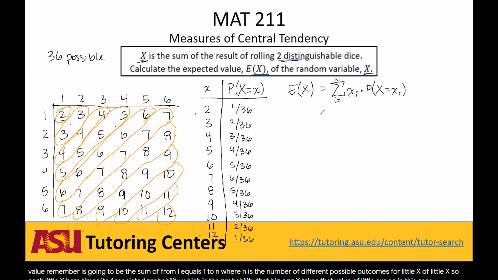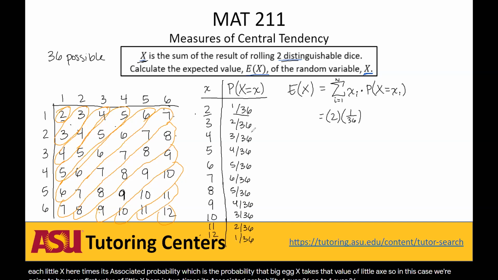So in this case, our first value of little x here is 2 times its associated probability, 1 over 36.